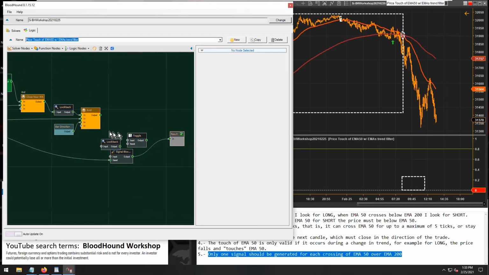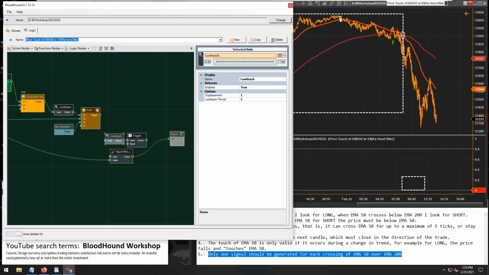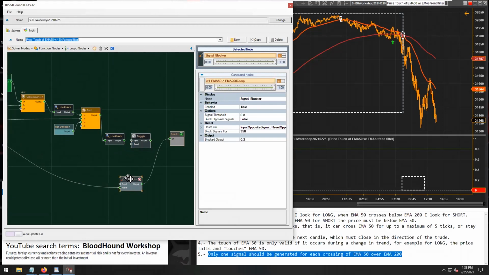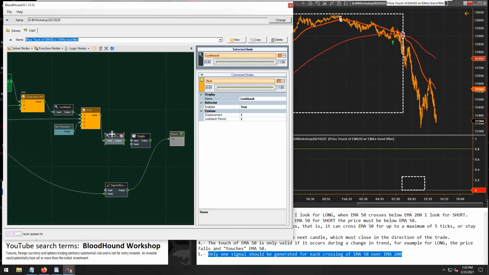So what I need to do, I need a look back node. So this look back node, I'm using the displacement function, right? Let's see here. There.